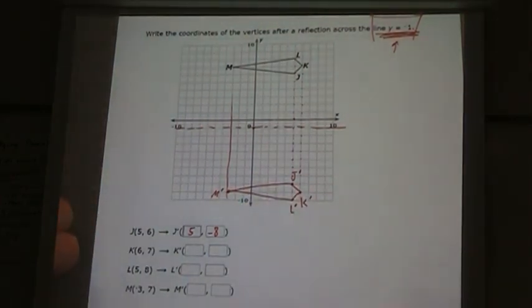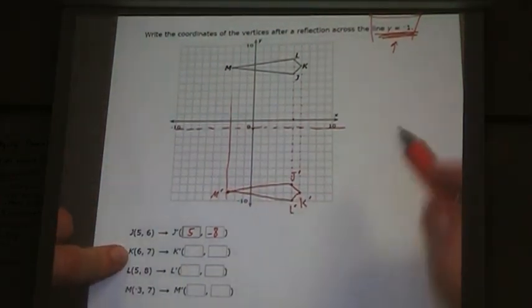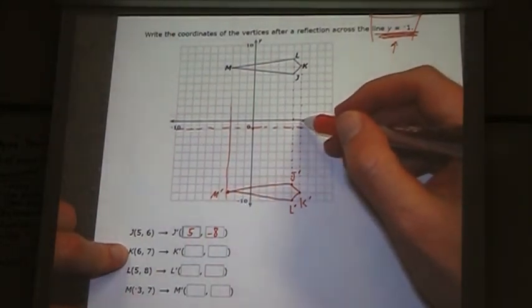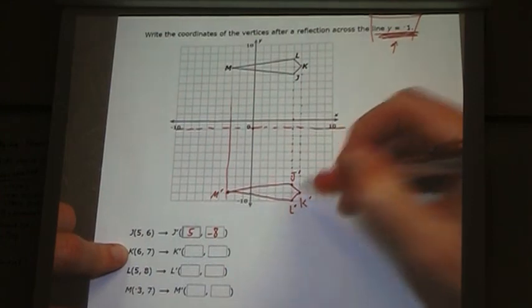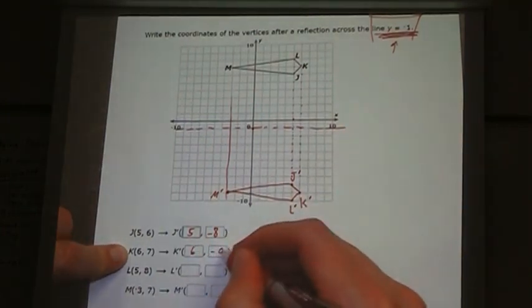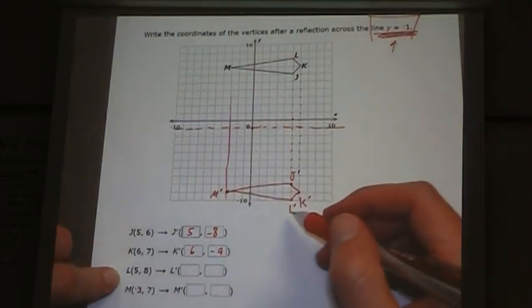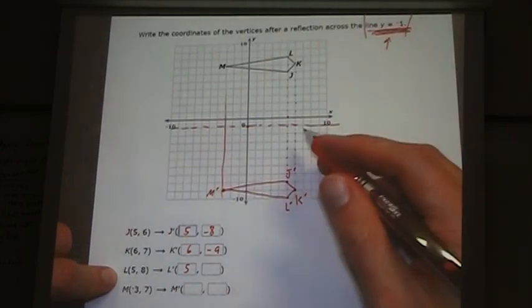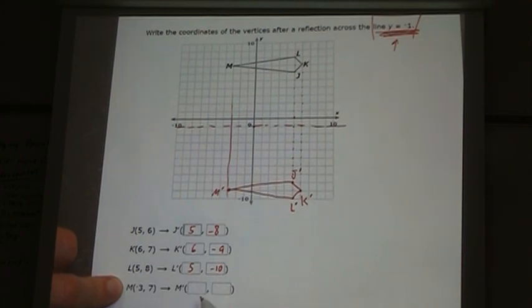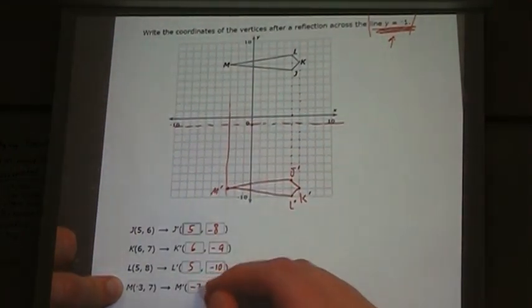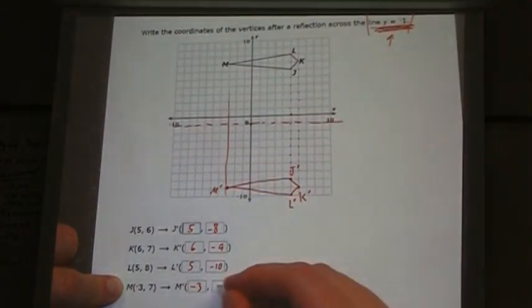There's got to be some formula or something we could use here. I just don't know what. 6. L would be 5, -10. And then M is -3 and -9.